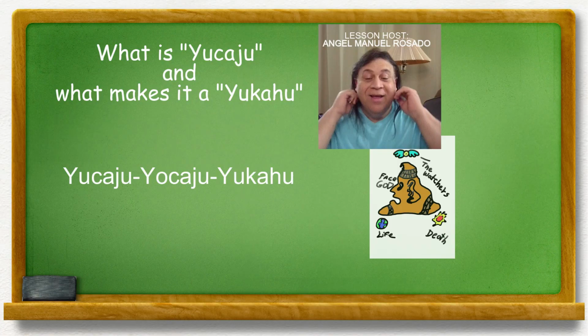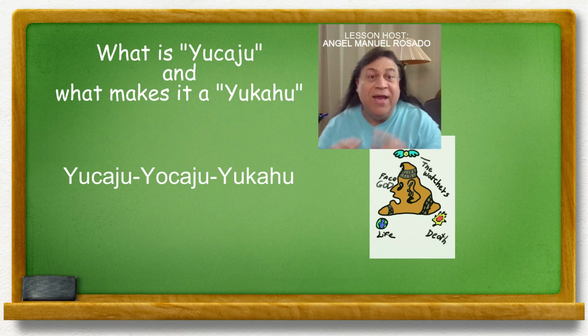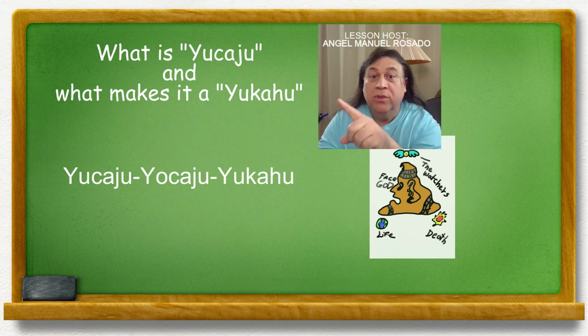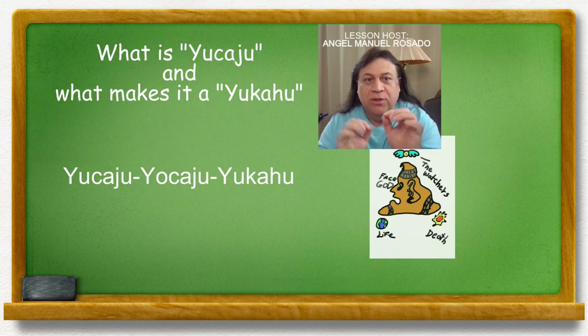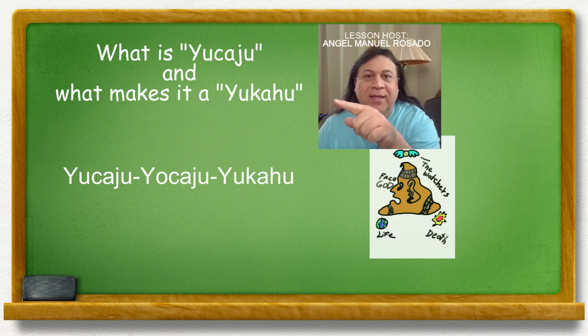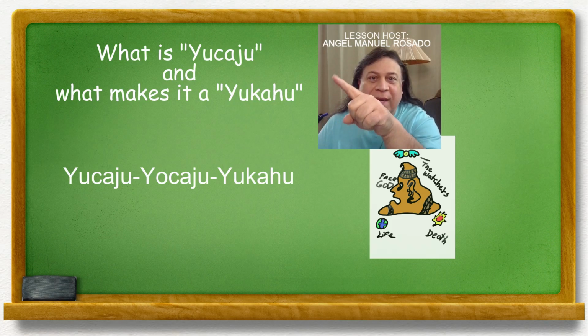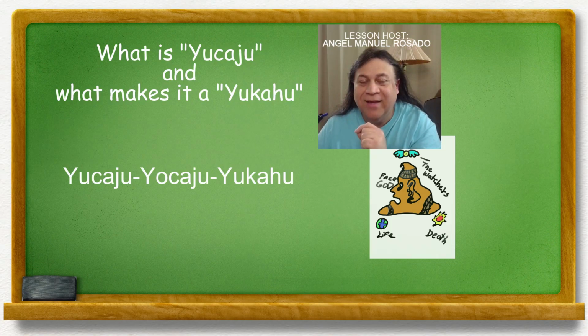So now that you learned about semis, why don't we also learn about Yukaho? Yukaho here, if you notice the one on the top and the one on the bottom, they're not written in the same way.